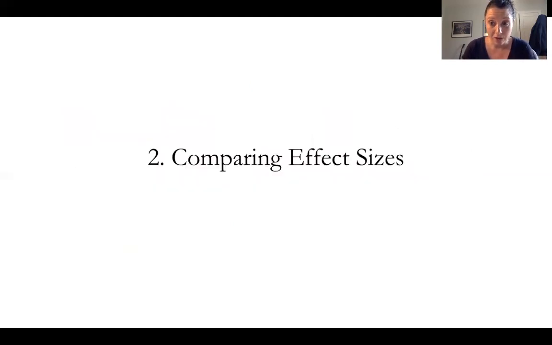The second thing I wanted to talk about is comparing effect sizes. We talked about how we look for the direction of the effect, whether it's positive or negative, the magnitude of the effect or the size of the effect. That's what the coefficient is representing, and then whether or not it's significant.